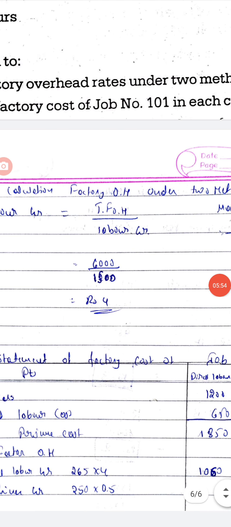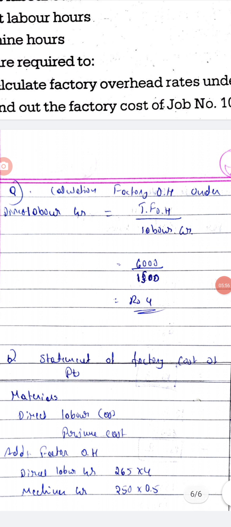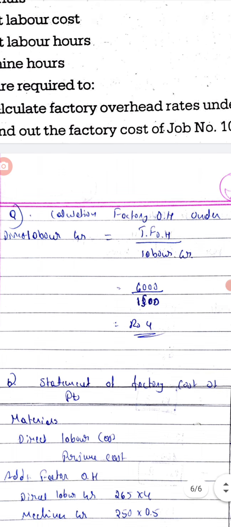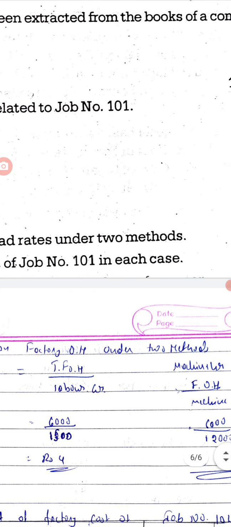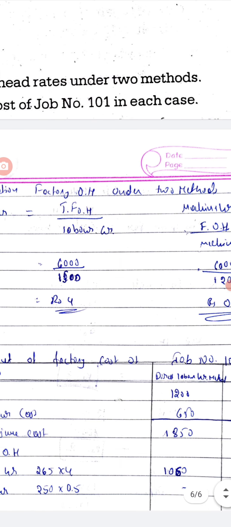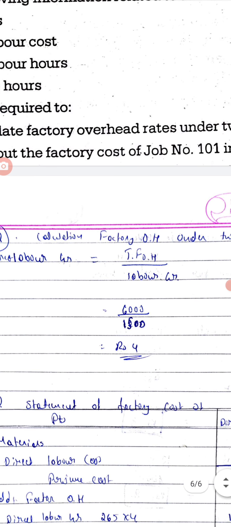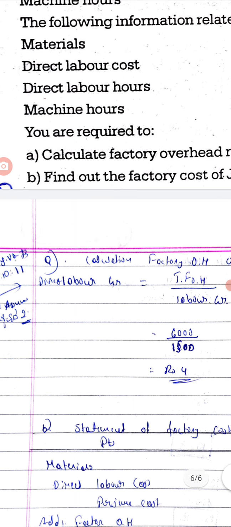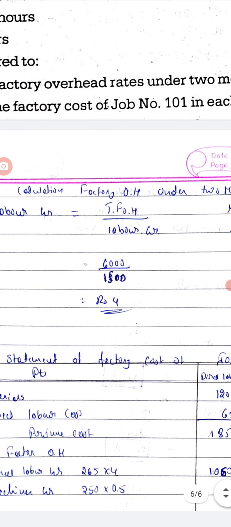So now we have to have factory overheads. So factory overheads under direct labor, you have it here, it is 4, so 4 into the labor hours we have to look into. So 265 they have given, so 265 into 4, you will get the answer.